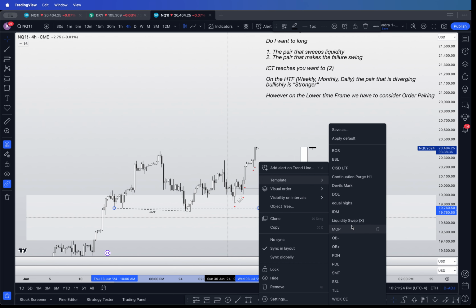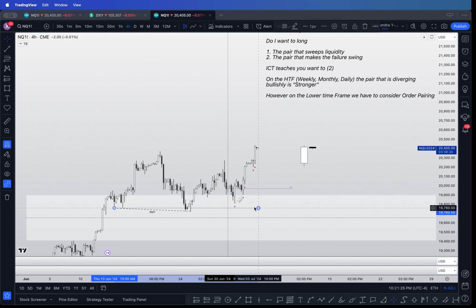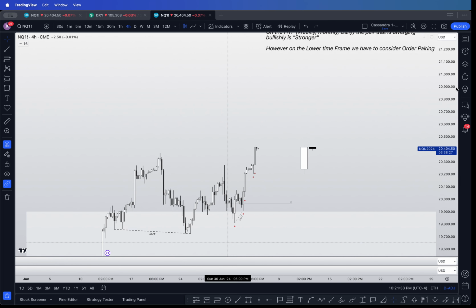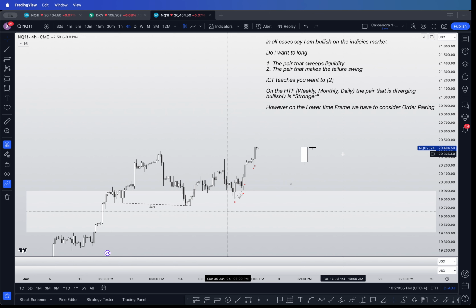So this is our sell side liquidity, which we had relative equal lows for. We purged that, and then I'm looking to see which index has the lower resistance liquidity run to the buy side. I'm going to say that again.